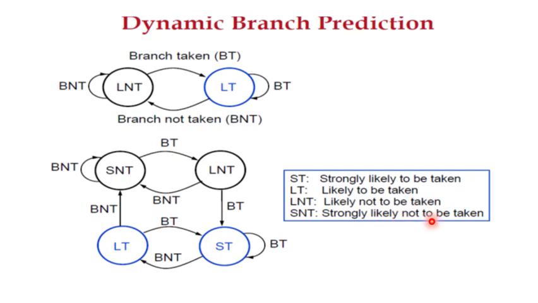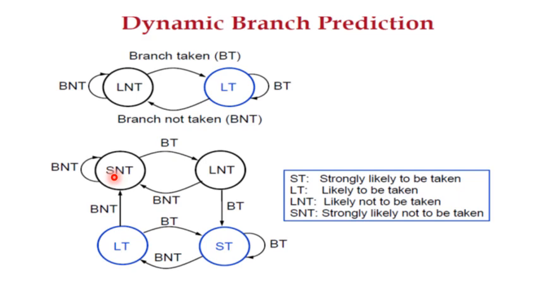Again, assume that the state of the algorithm is initially set to LNT. After the branch instruction has been executed, if the branch is actually taken, the state is changed to ST. Otherwise, it is changed to SNT.